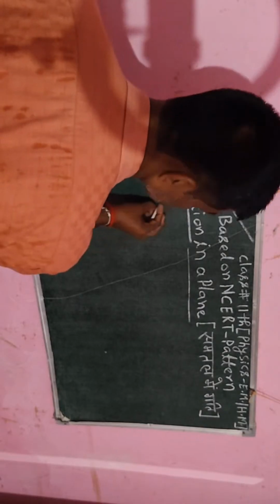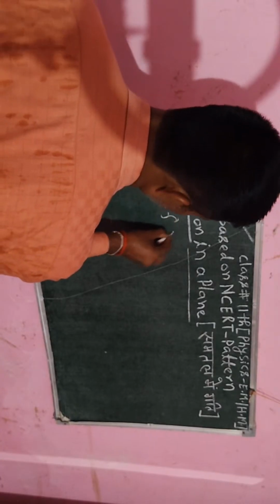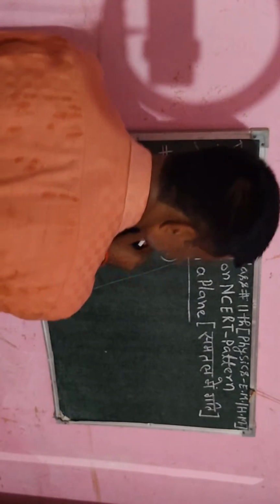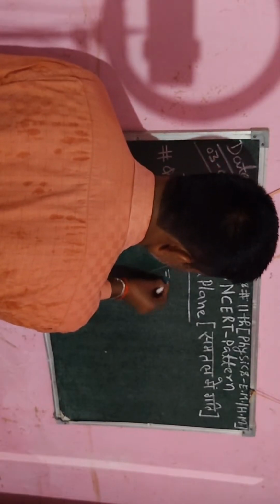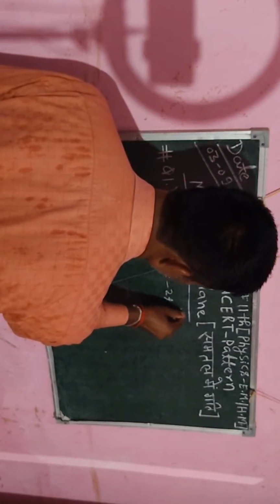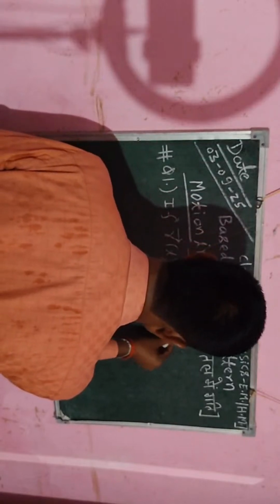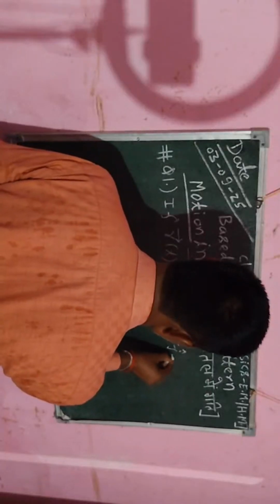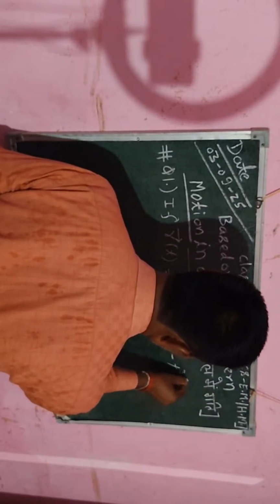Find, if a vector r, which is a function of t, is written as r(t) = -2t i cap + 4t² j cap - t³ k cap.